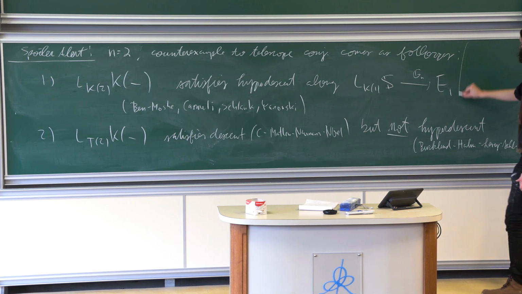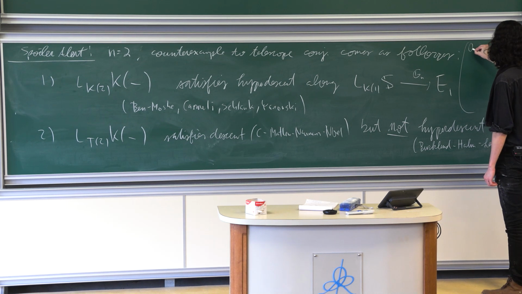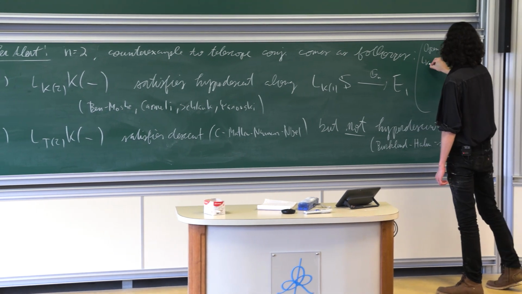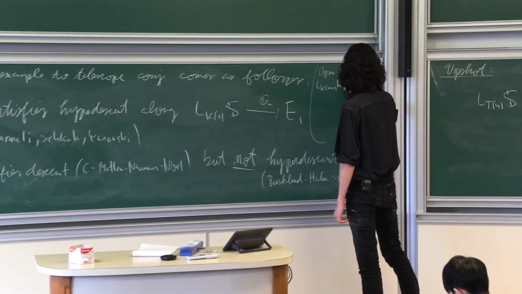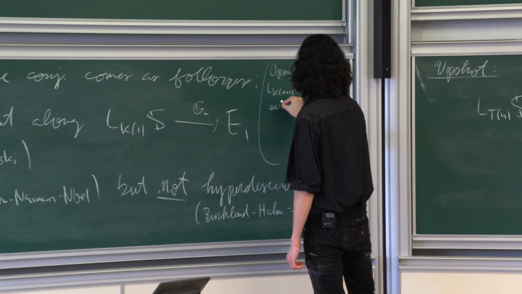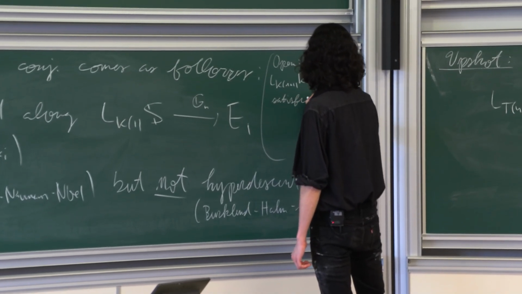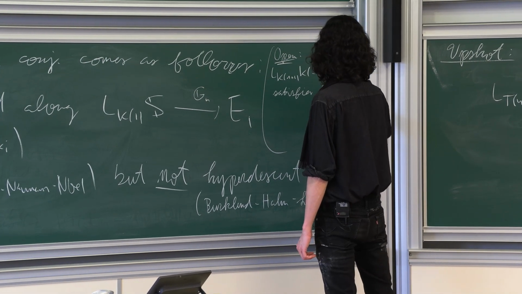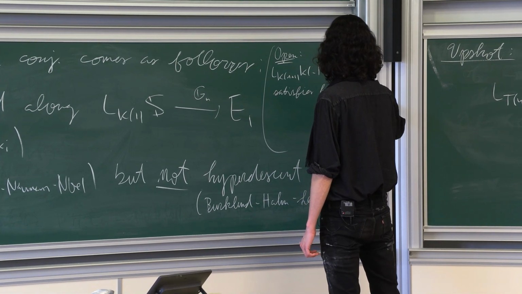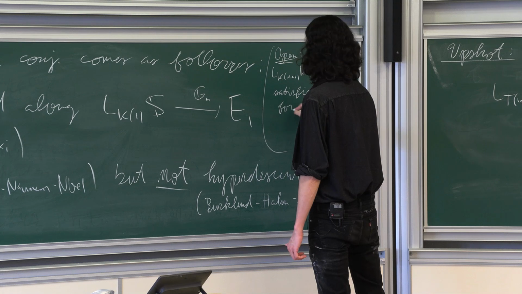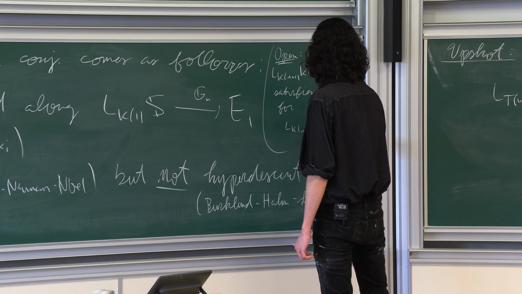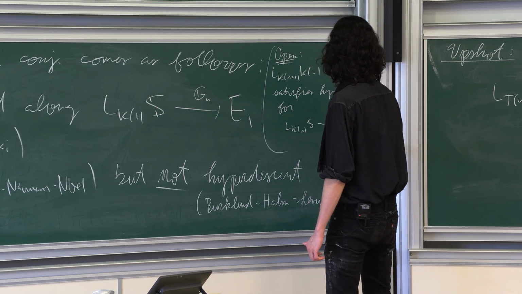So actually this would be maybe a major open problem: that LKn+1 K satisfies hyperdescent for LKn sphere going to En.